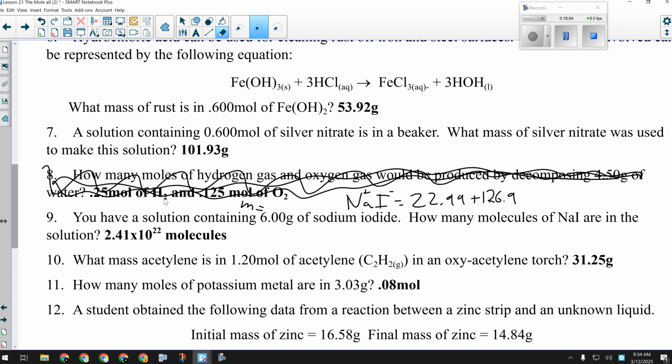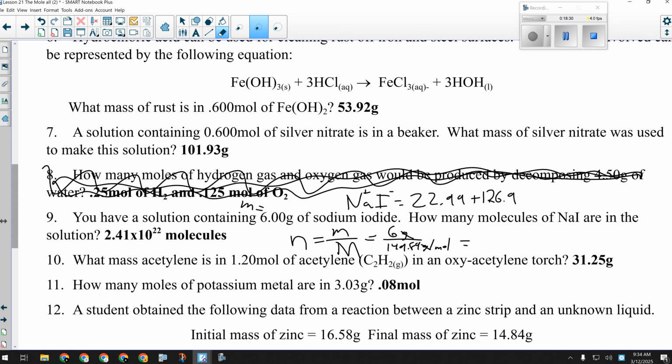We know we have 6 grams. So we're just going to go N equals little m over big M. That'll get us the number of moles. That's our first step. So that'll be 6 grams divided by 149.89 grams per mole.